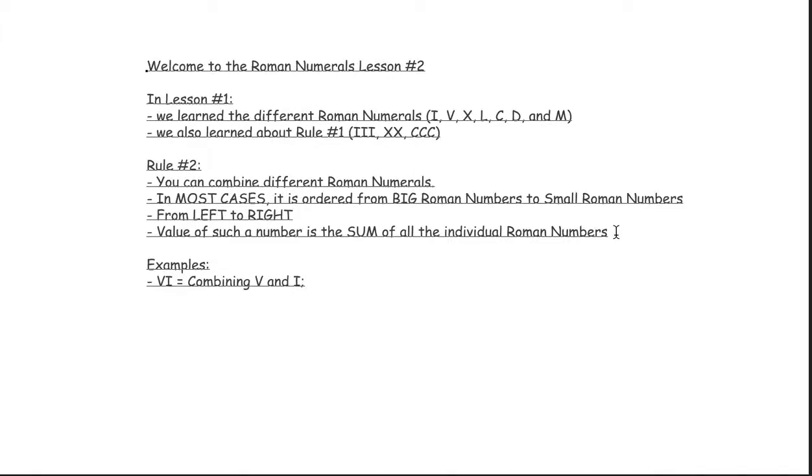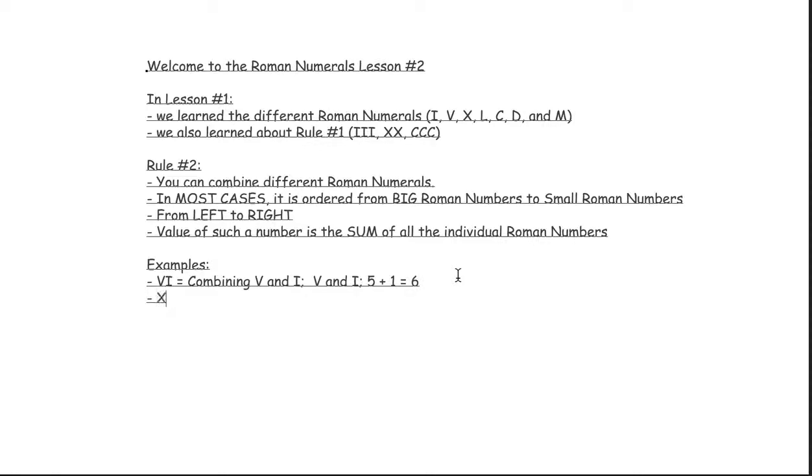We're also ordering from big number V and I. I is smaller than V, so we're ordering from left to right, V and I. Now, what is the value of this number? The value of the number is simply the sum of the individual numbers. What is the value of V? We saw that it was 5 plus the value of I is 1, and therefore the value of VI is equal to 6.